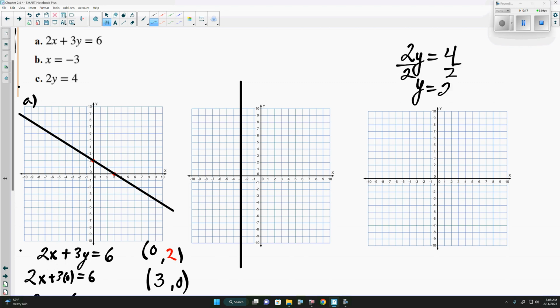So we have to divide by 2, which really is saying that y is 2. So we would just have a horizontal line that crosses the y-axis at 2, because all of those points on that line are where y is 2. And that's it.